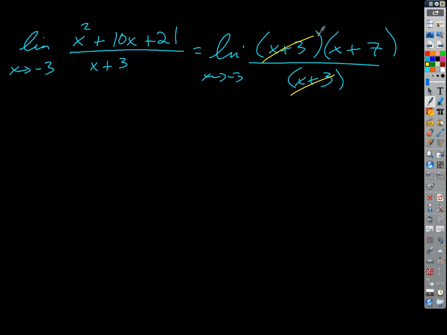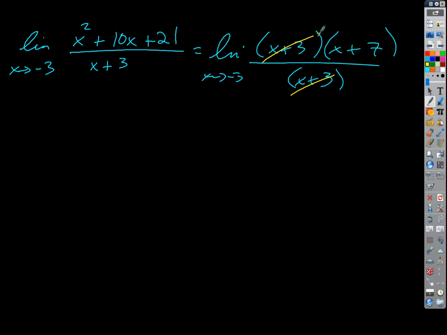There was a hole in the function at -3, and by canceling these factors, we've traded this function for a simpler one, x plus 7, that agrees with it everywhere except at that one point that we filled in. So our strategy, and this is really cool, is that we took that function that had a hole there, which is hard to evaluate a limit for, because the ant is not actually going to be able to step on x equals -3.